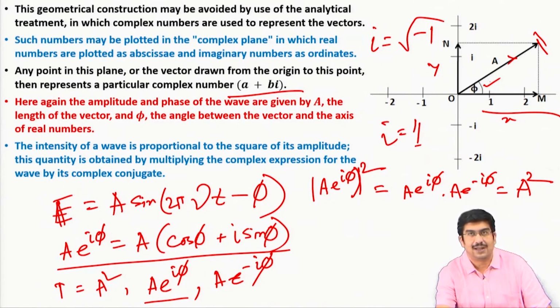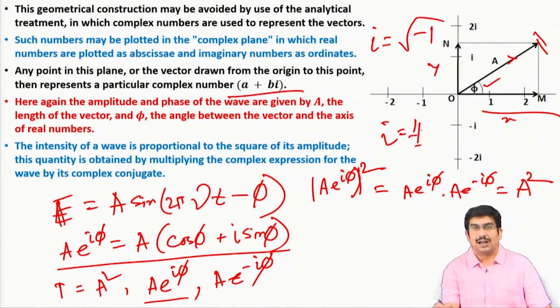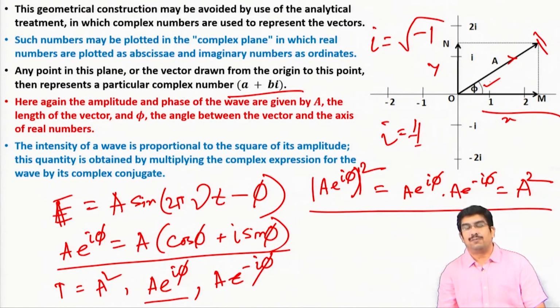This is i, and if you square it, this will be minus 1, so minus i square is again 1, and finally this is how we can get the intensity of this wave simply by multiplying it with its complex conjugate.